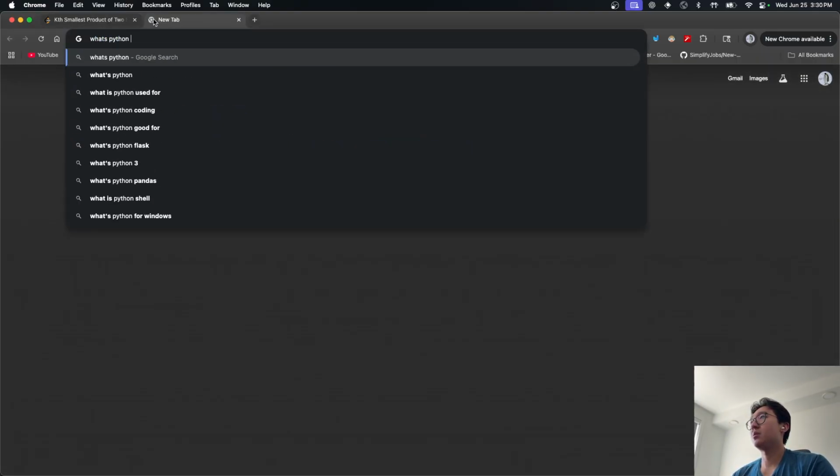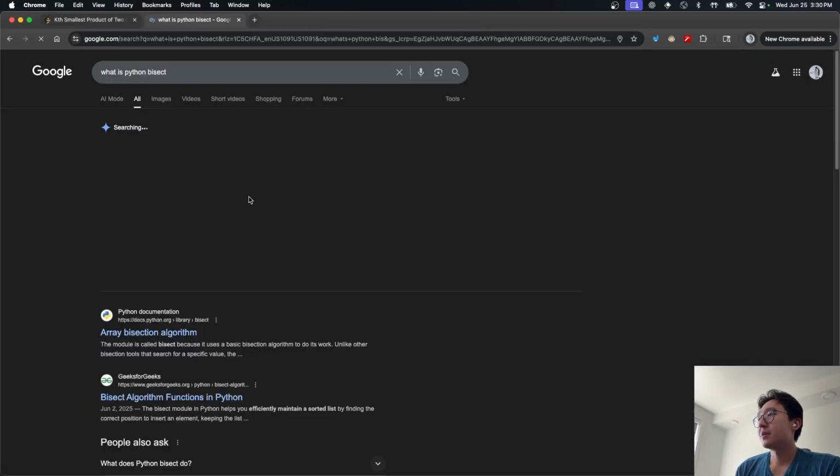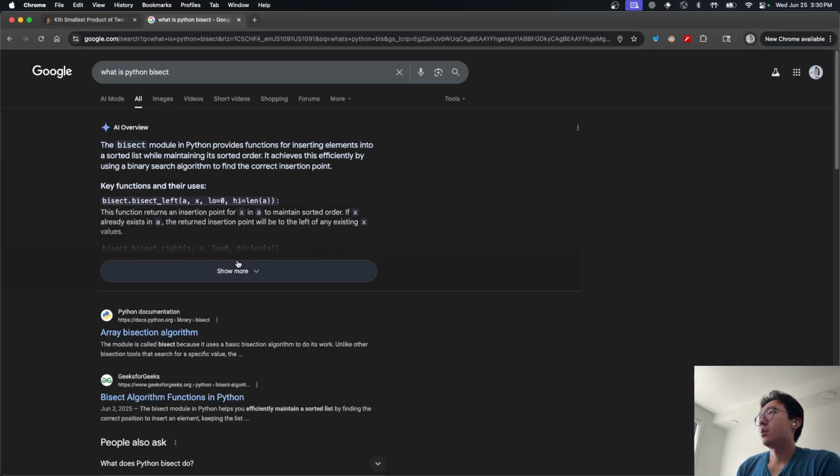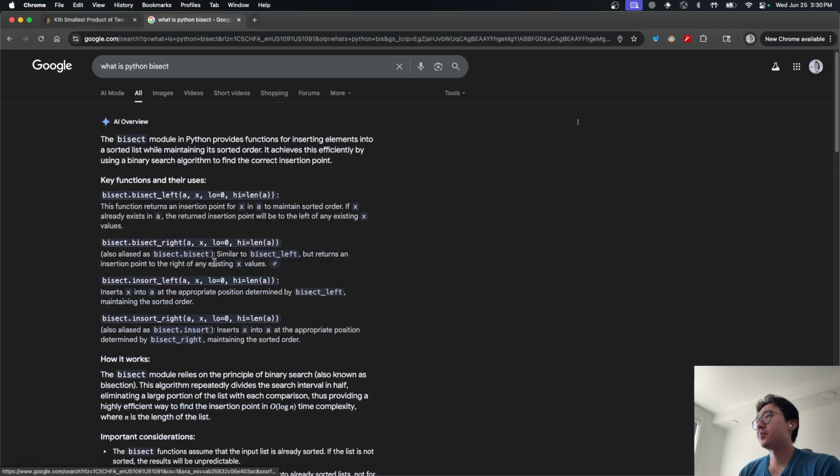What's Python bisect? bisect_left(a, x, lo, hi). The bisect module in Python provides functions for inserting elements into a sorted list while maintaining the sorted order. Okay, it achieves this efficiently by using a binary search algorithm to find the correct insertion point. This function returns an insertion point for x in a to maintain sorted order. If x already exists in a, the returned insertion point will be, and so on.